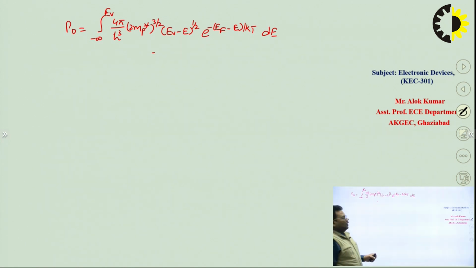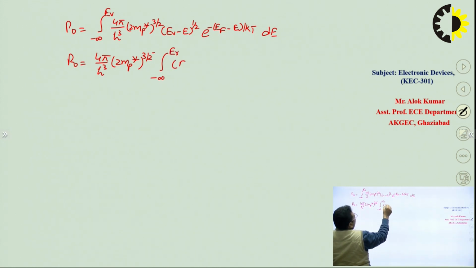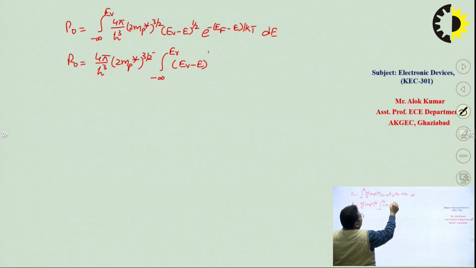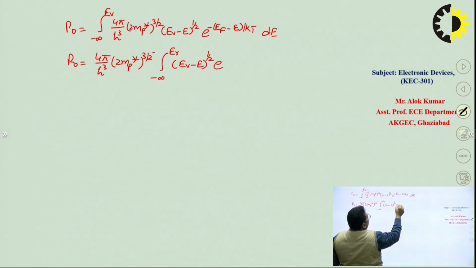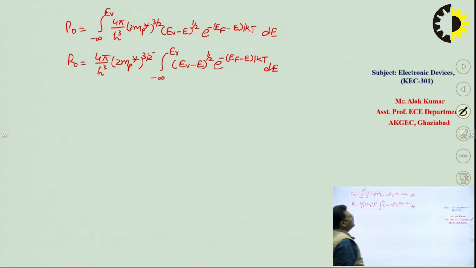Now this equation can be modified and written as P naught is equal to, so we can take out the constant terms and write 4 pi upon h cube into 2 mp star to the power 3 by 2, integration minus infinity to EV, EV minus E to the power half, and e to the power minus EF minus E upon KT with respect to dE we are solving.